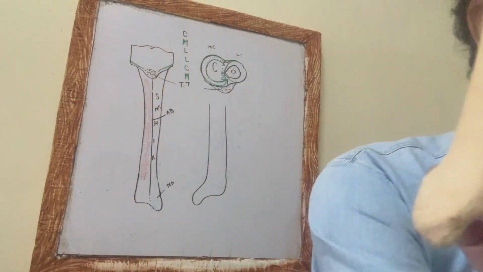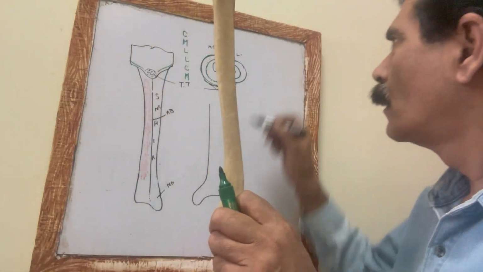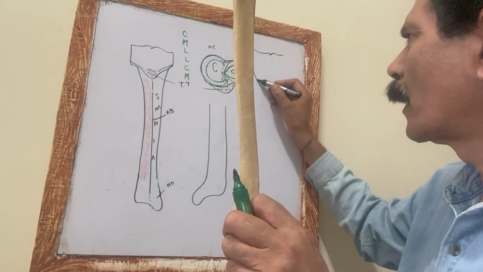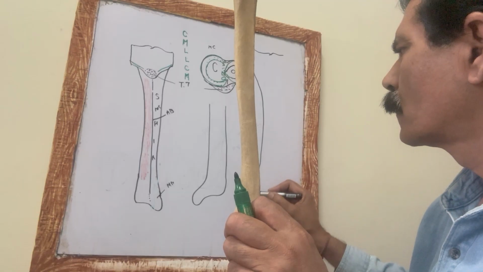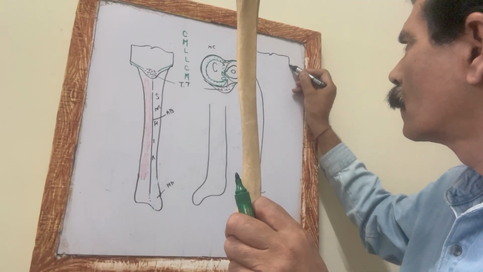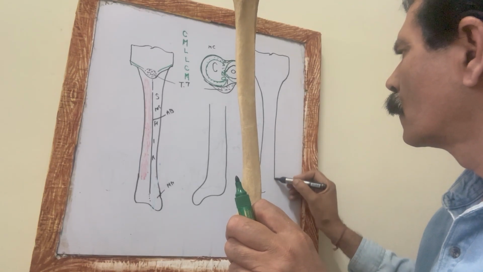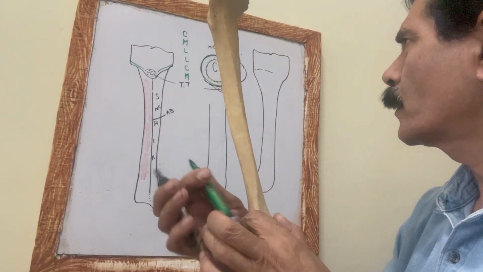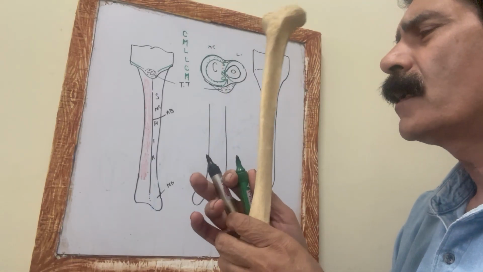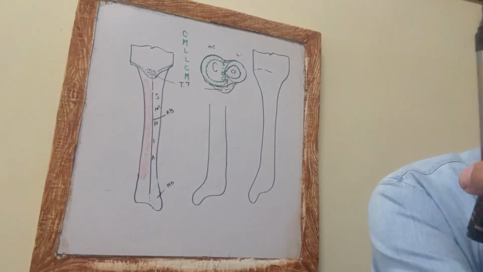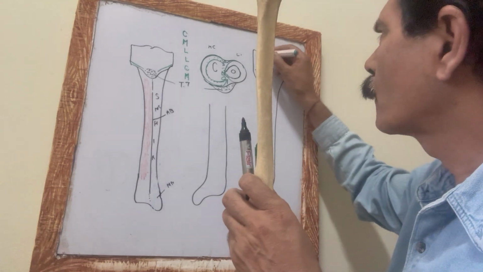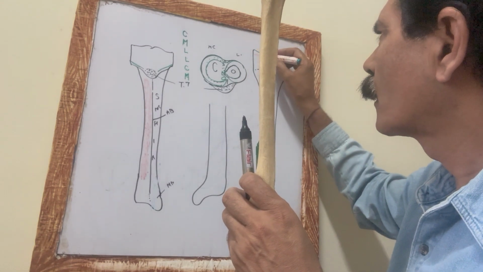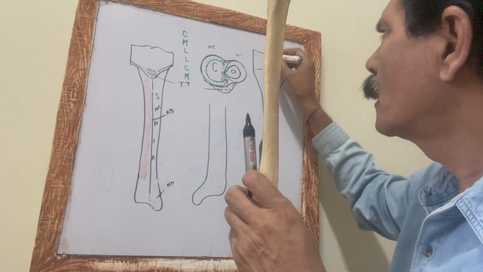If we see the posterior surface of the tibia, it has these features. First of all, superiorly there is the insertion of the muscle called the semimembranosus on the posterior surface of the medial condyle of the tibia.